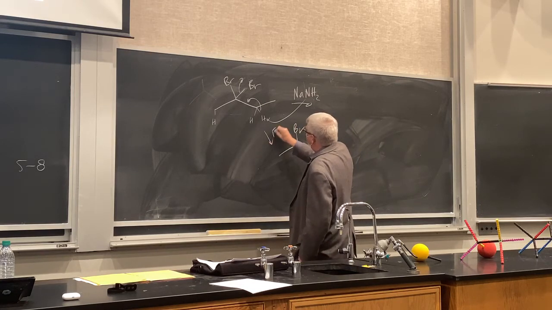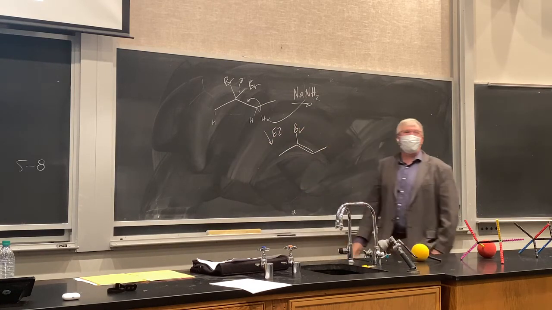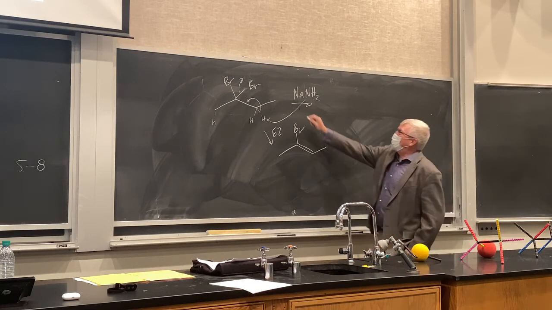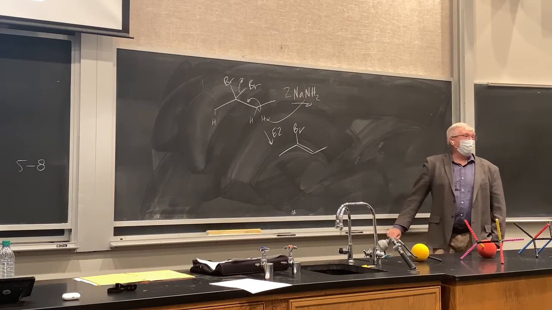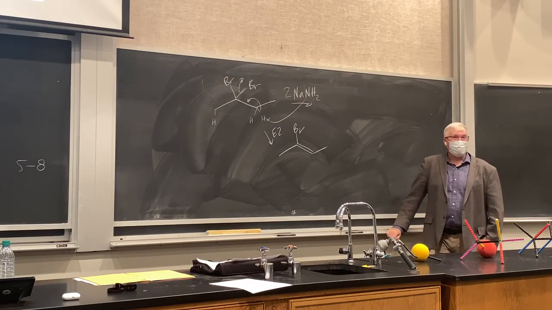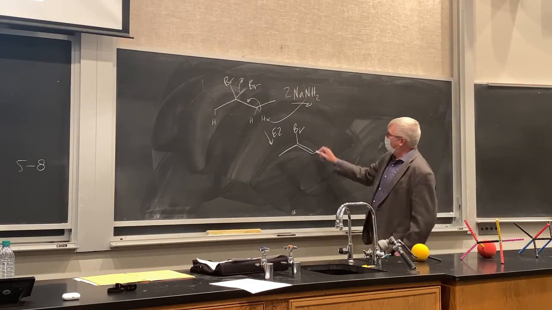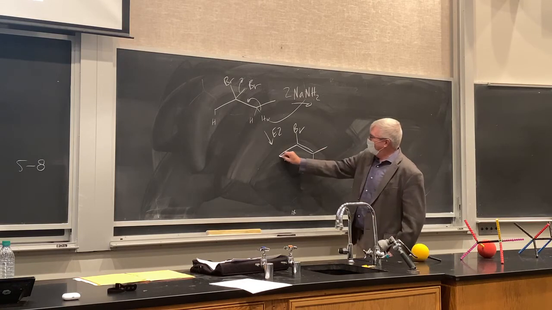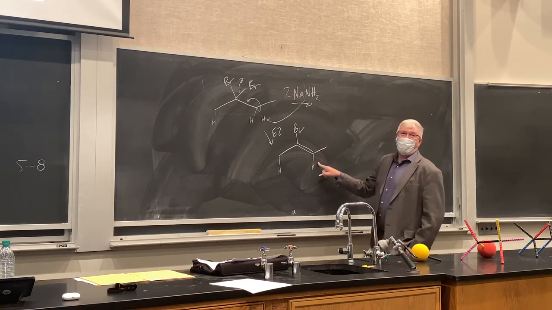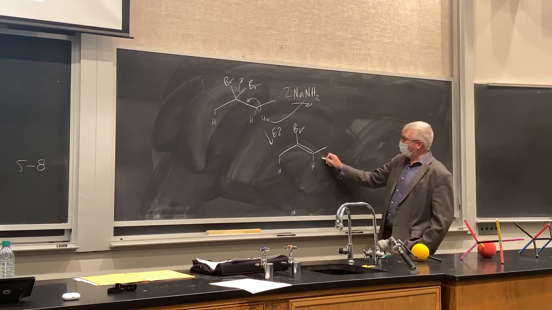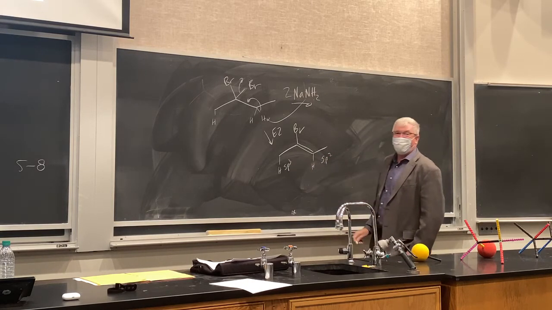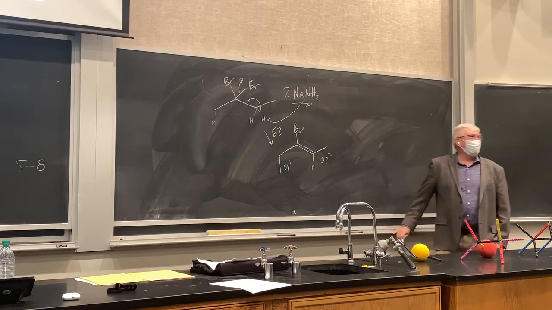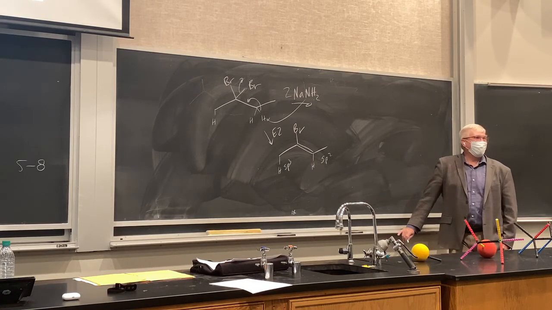Okay, that's indeed an E2 reaction. But we're using two equivalents here, or excess of the base. Why? Because we want to do another E2 elimination. Now we have a choice here, right? Hydrogen now is a different hybridization. This one's sp2, this one's sp3. We have a choice here.